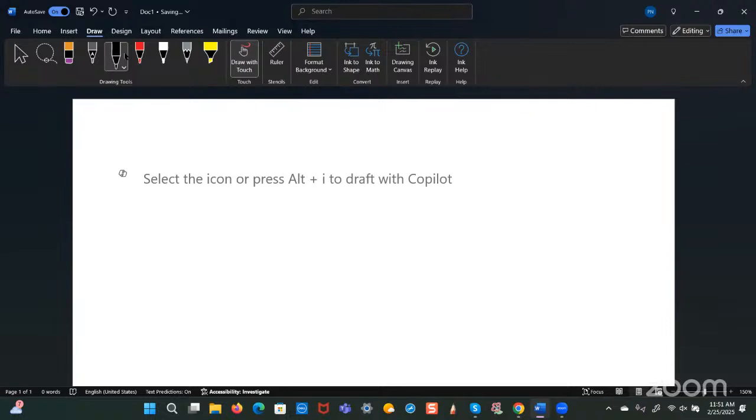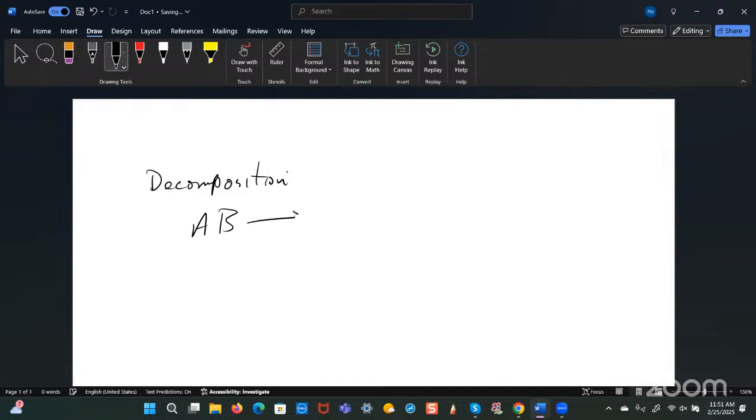Okay, so the first type of reaction I'm going to start off with is decomposition. Basically, in the case of decomposition reactions, you have a compound, I'm just going to call it AB, and it forms 2 or more products. All right?